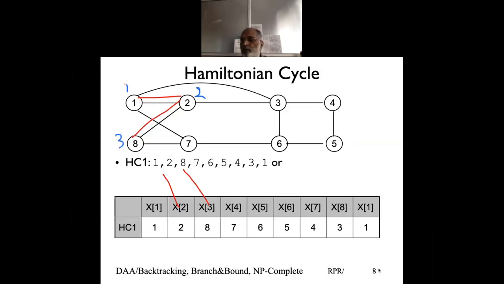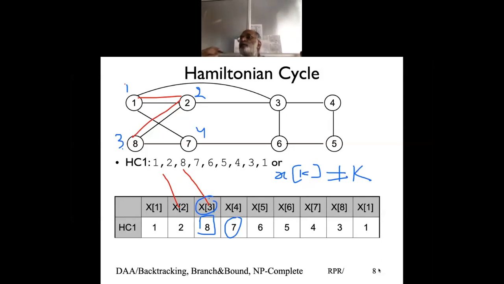So k is equal to 3, and my xk is 8. K is 3 means I am using the third vertex; the actual vertex node is 8, but it is my third vertex. And then my fourth vertex is 7, so x4 is 7. The point I'm trying to say is that vertex xk does not mean k. It may be, it may not be.